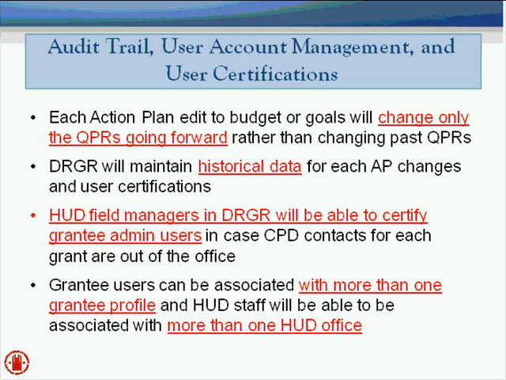They would let us know, we will add that other profile in, and we will allow them to be able to see multiple grants and grantee profiles, and then each grantee administrator would have to certify those users.